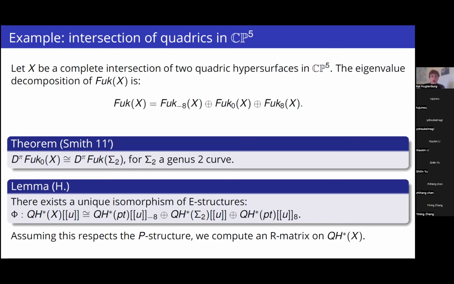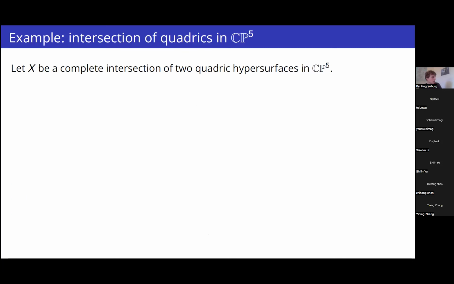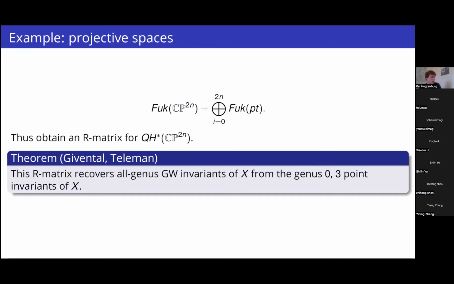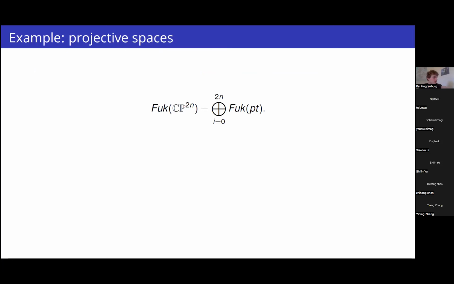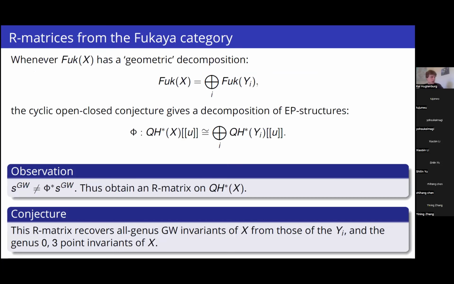Okay, that I believe. But your conjecture is not that, right? So my conjecture is that to recover the all genus Gromov-Witten invariants of X, you need the all genus Gromov-Witten invariants of the Y_i. And additionally, you need the genus 0 3-point invariants of X.